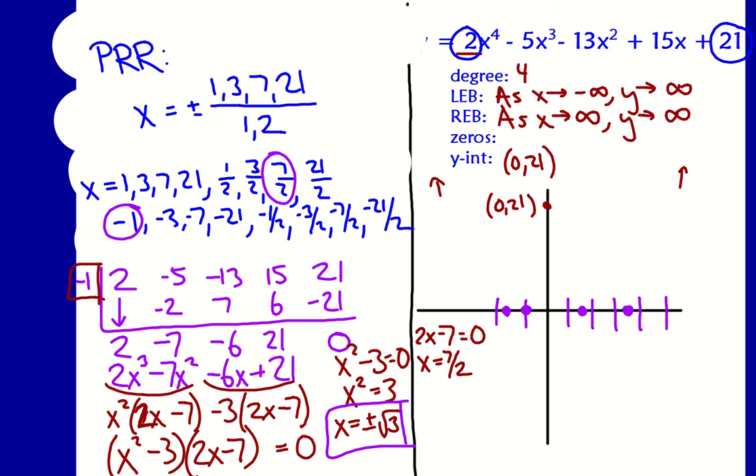So if I write out the factorization, the linear factorization of this polynomial, I'll call it f of x up here, then this would equal, if I take my equal sign from right to left, x plus 1, which was the first 0 that I divided out, and then I'd have the x squared minus 3 and the 2x minus 7.